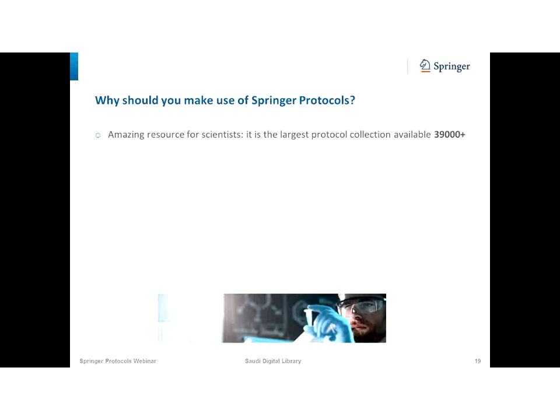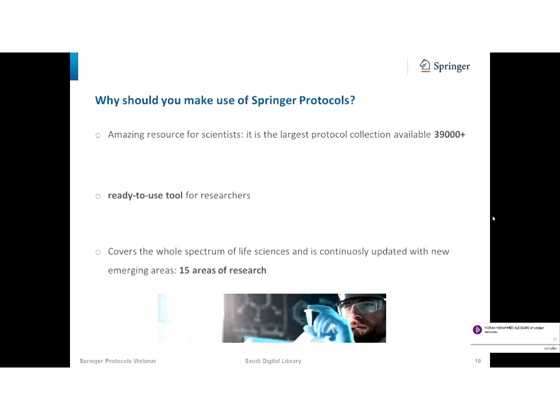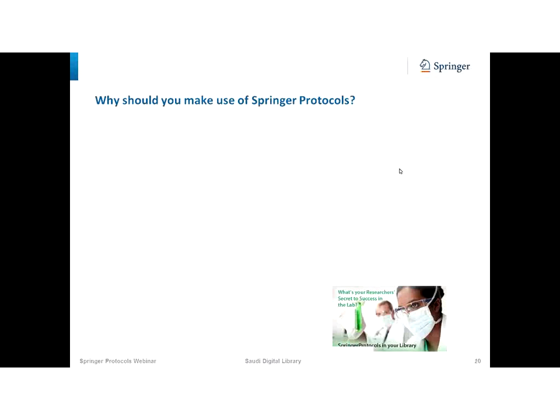So this was about the platform. The Springer Protocols are really an amazing resource for scientists, and we have a lot of protocols available, and you should be aware that you have these protocols available because it can make your life as a scientist really easier. They are ready to use, so you saw that they're very structured, and you have a lot of information in these protocols. They cover the whole spectrum of life sciences, and they're also obviously always being updated.